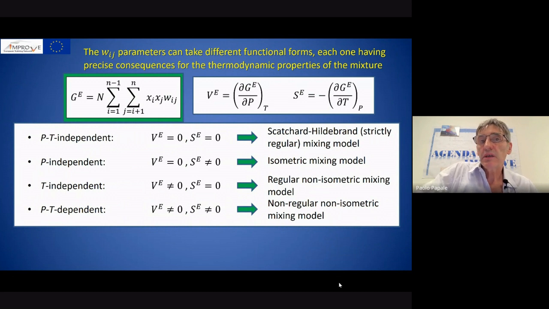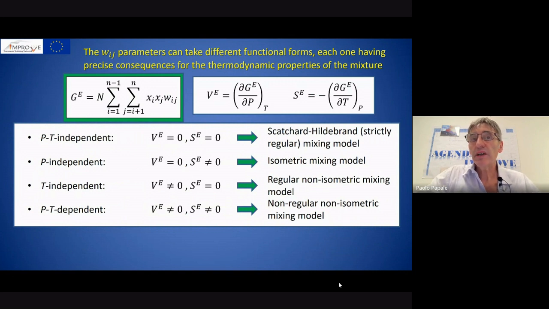The reverse case, in which there is an excess volume while the excess entropy is 0, is called a regular non-isometric model. Finally, a non-regular non-isometric model has both non-zero excess entropy and volume, implying both pressure and temperature dependence of the binary interaction parameters.